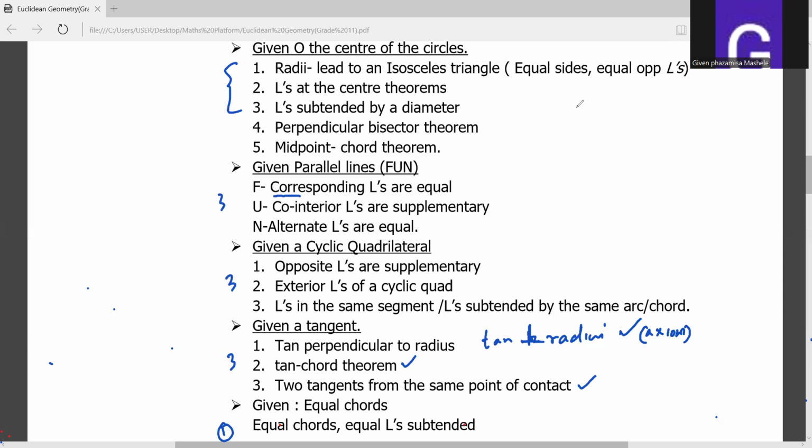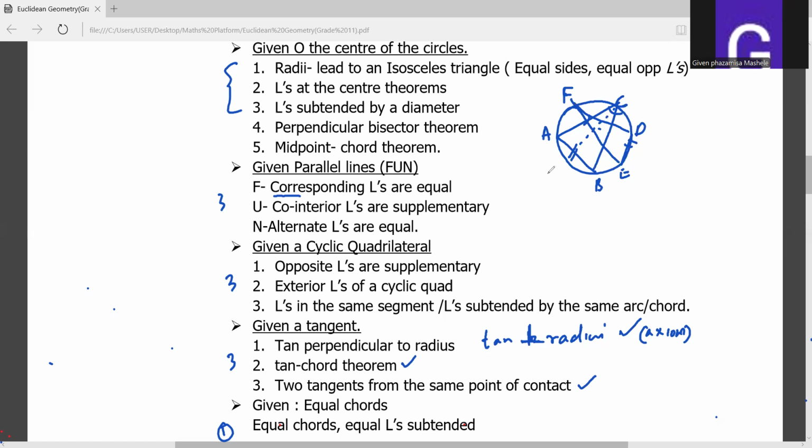If two chords are equal, let's say we have chord AB, and this chord AB subtends this angle at the circumference, let's call it C. And we also have another chord here, let's call it DE, and this chord subtends an angle at the circumference, let's call it F. As long as these chords are equal, it means the angles that are subtended by those chords are also equal. So equal chords, equal angle subtended.